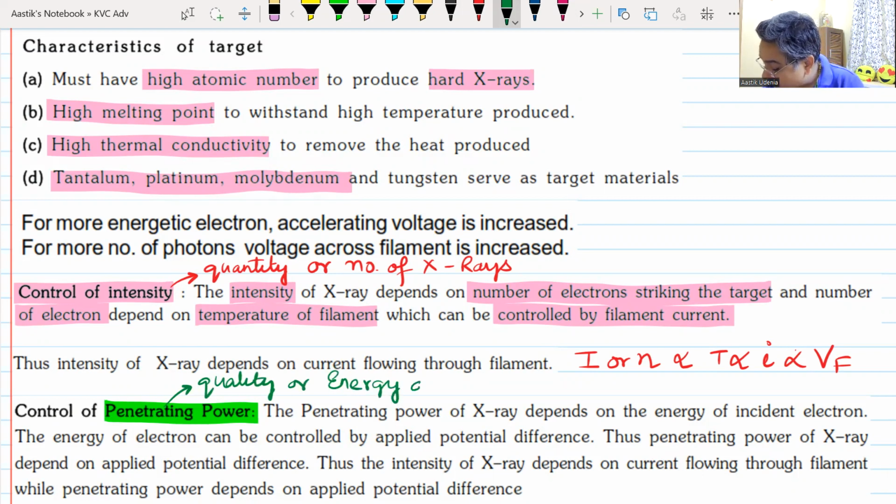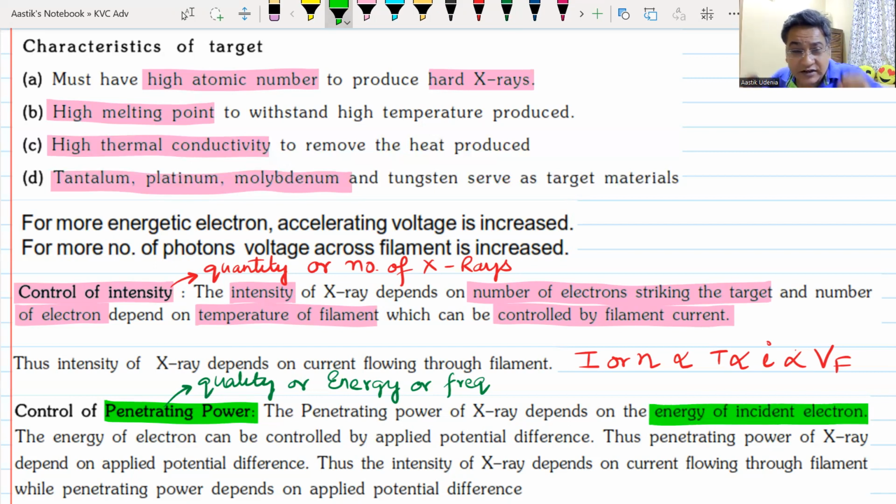This energy of X-rays will depend on the frequency of X-rays. More the frequency, more will be the energy, more will be the penetrating power, more will be the quality of X-rays. It depends on the energy of the incident electron.